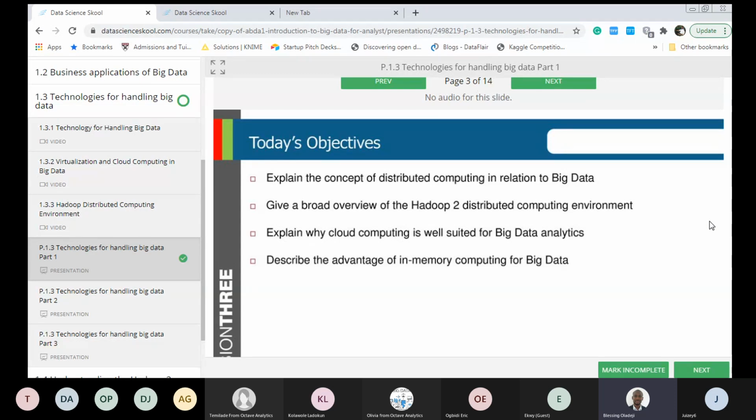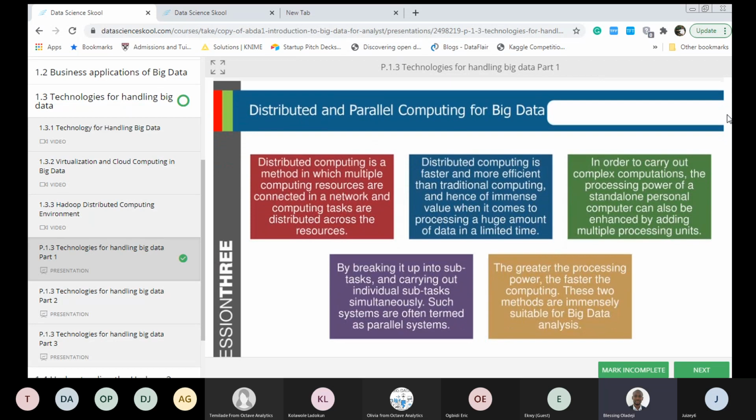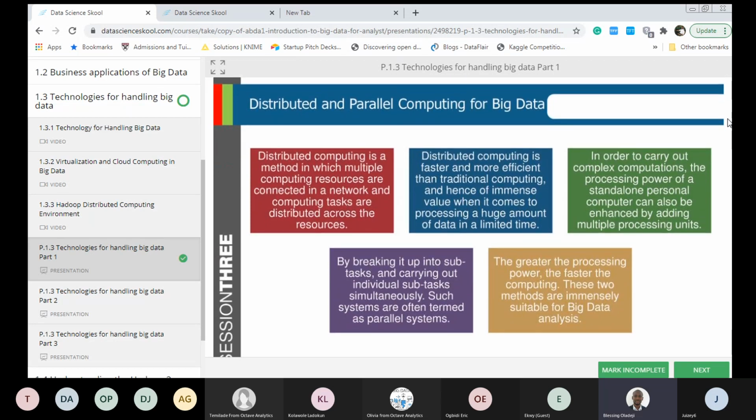And then we're also going to be talking about in-memory computing. These are more or less the latest technologies for handling big data. So we'll be describing some of these. Please fasten your seatbelt as we proceed. So we are starting with the concept of distributed computing.